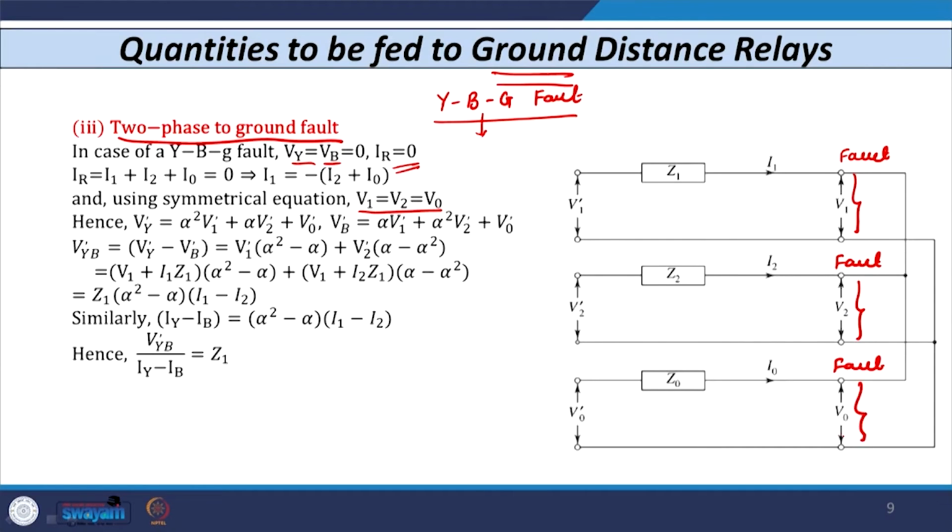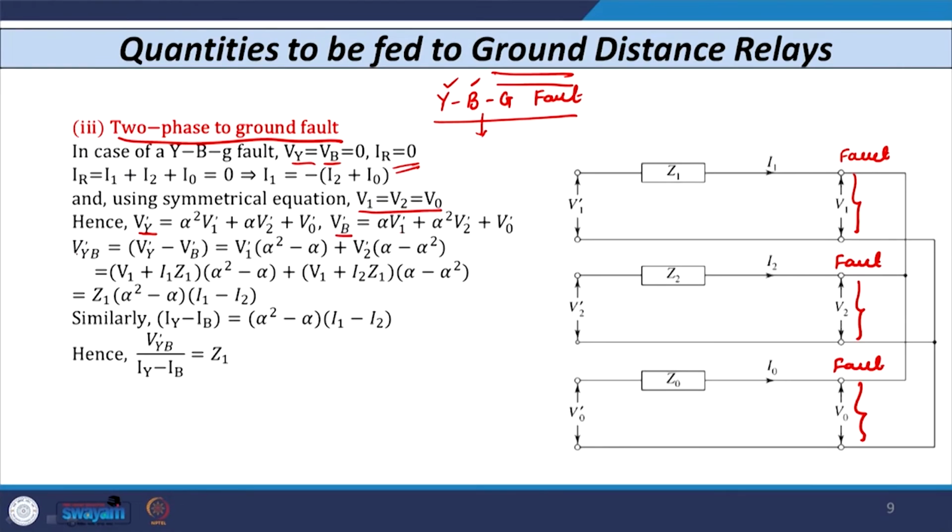Here at the fault point all 3 voltages V1, V2 and V0 are equal. Now, if I consider Vy dash and Vb dash equations, because both Y and B phases are involved, we have Vy dash equal to alpha square V1 dash plus alpha V2 dash plus V0 dash, and similarly Vb dash equal to alpha V1 dash plus alpha square V2 dash plus V0 dash.